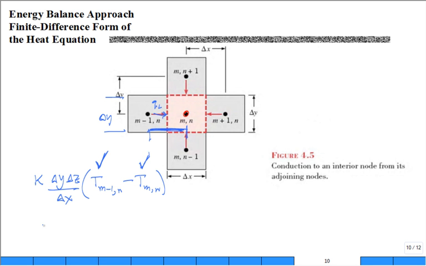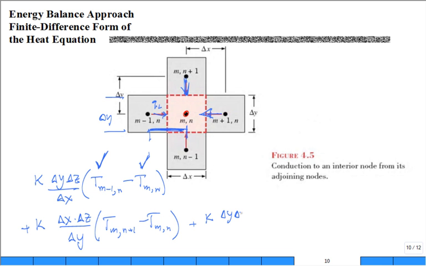You then put the same thing for this one coming down here. That would be k. What would be my area? Well, it would be delta x times delta z divided by the length, delta y, times the outside temperature, m, n plus 1 minus the temperature m,n. And then I would add to it, let's go from this side in, it would be k, what's my area?